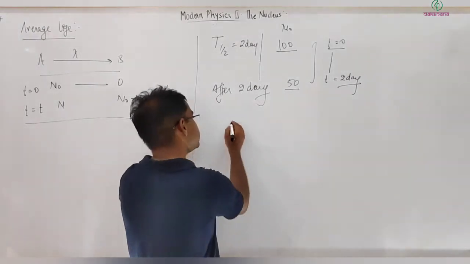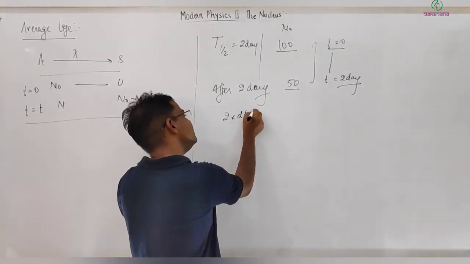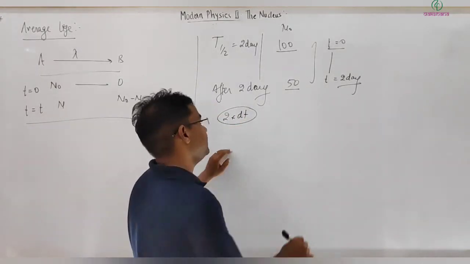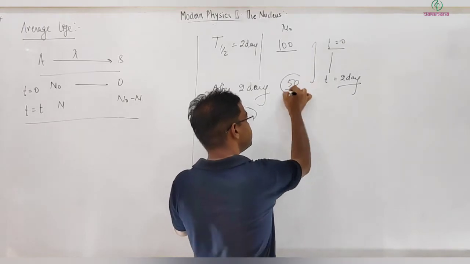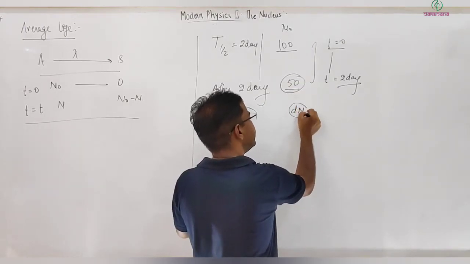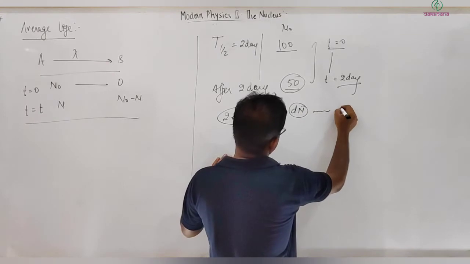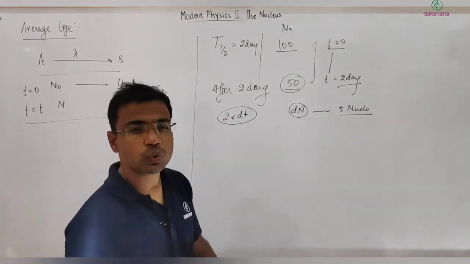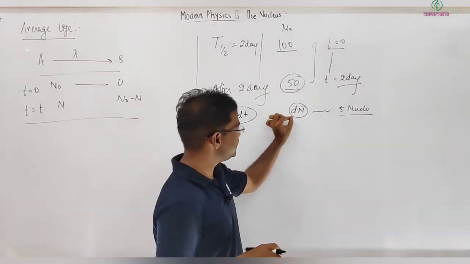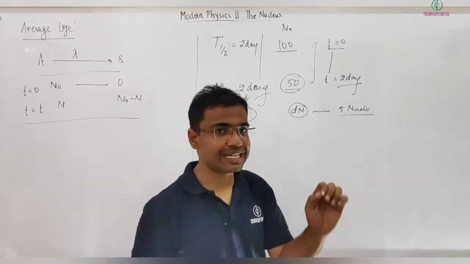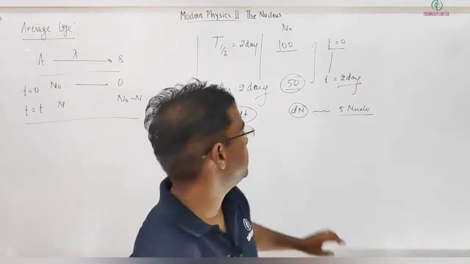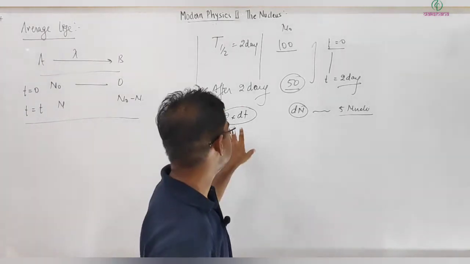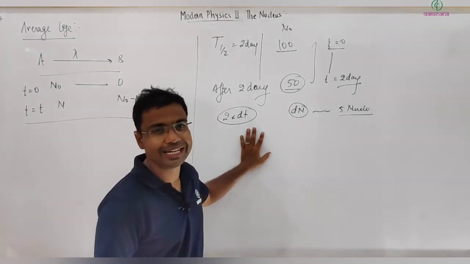Now if I say 2 days plus some small time dt, and in this small interval of time, out of these 50 available, let's say dn, maybe 5 nuclei, decayed in dt time. So these dn nuclei have survived exactly up to 2 plus dt days. Understanding?